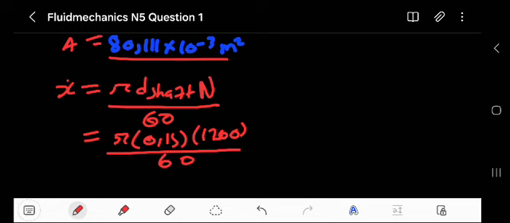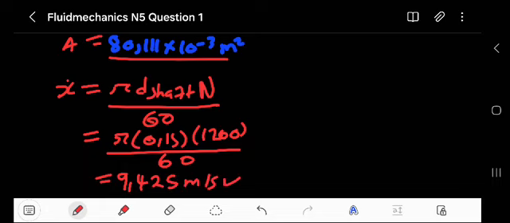Pi into 0.15 into 1000 divided by 60. This will be 9.425 meters per second.